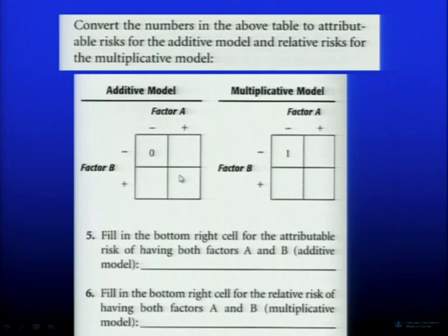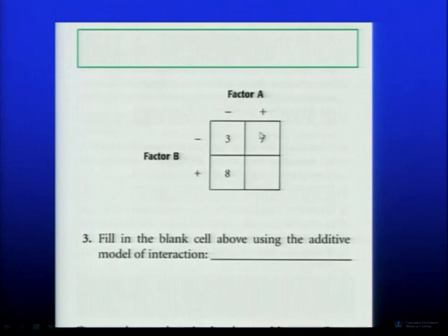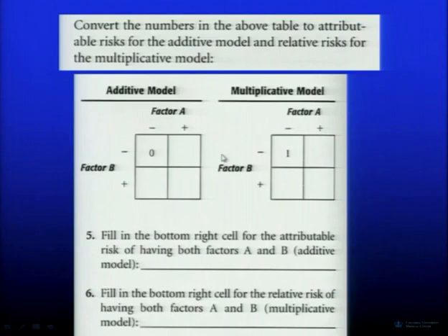So you can also think of it as a multiplicative model. If you were going to do that, you would have to go back to this and say, what is 7 divided by 3, and what is 8 divided by 3? 7 divided by 3 is 2.33, and 8 divided by 3 is 2.66. So those would be the numbers in this box, 2.33 and 2.66, and then you'd multiply them, and that would be the number that goes in here.